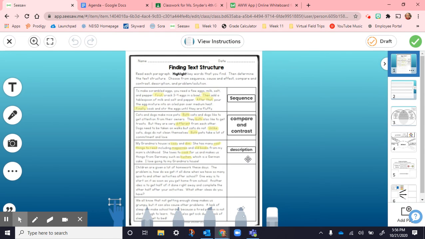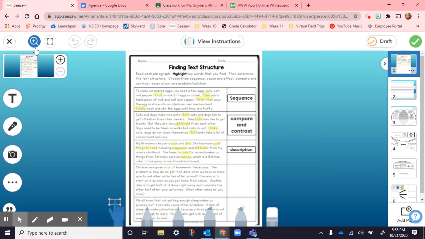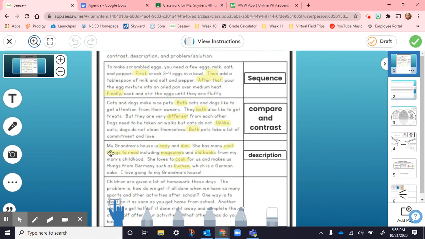We did the third one, which is on description. This was talking about Grandma's house. It said, my grandma's house is cozy and dim. She has many cool things to read, including magazines and old books from my mom's childhood. She loves to cook for us and make us things from Germany. So it's repeatedly describing what it's like at Grandma's house, and we said this text structure is description.